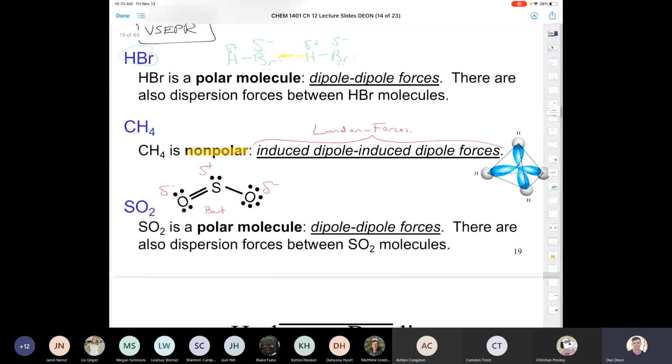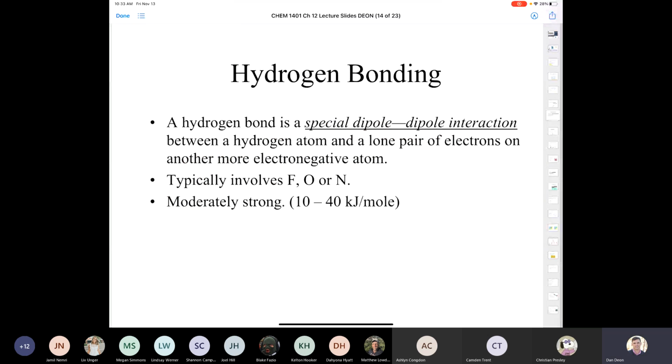We also discussed hydrogen bonding. Now, if you understood what I explained to you about hydrogen bonding at the beginning of the lecture, you might be thinking, hey, hydrogen bonding was nothing more than a dipole-dipole, but it is a special type of dipole-dipole interaction, okay, between the lone pair on an oxygen and the delta plus on the hydrogen.